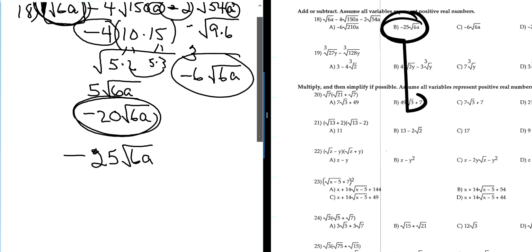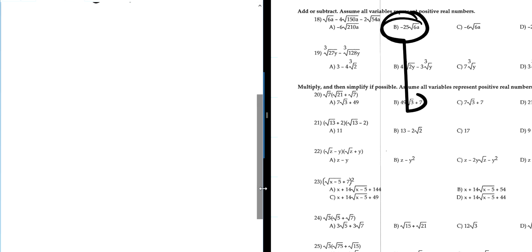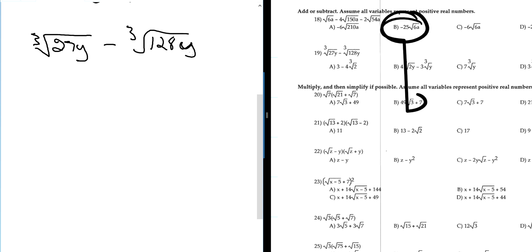Okay, next problem, number 19. Cube root of 27y minus cube root of 128y. The first one's easy. The cube root of 27 is 3, so I'm going to have 3 on the outside, with the cube root of y inside, minus, then I'll figure out what this is. Is 128 a cube number?